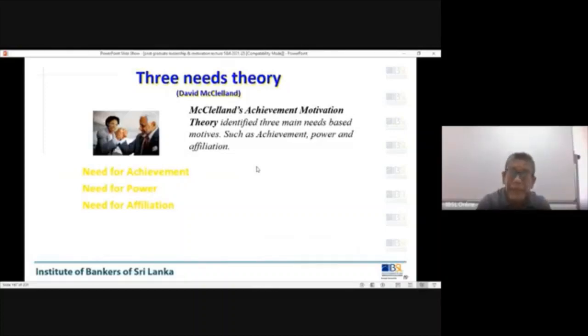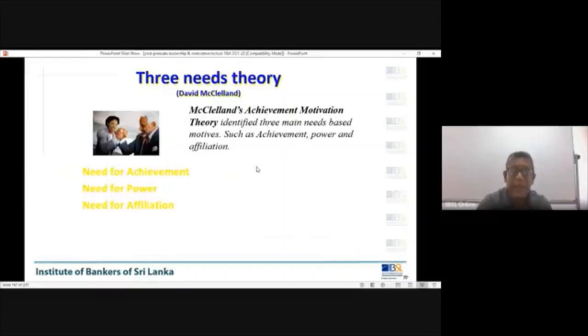The theory identifies three main need-based motives. These three needs are achievement, need for power, and affiliation. Employees, or people, are usually inherited with these three types of need.